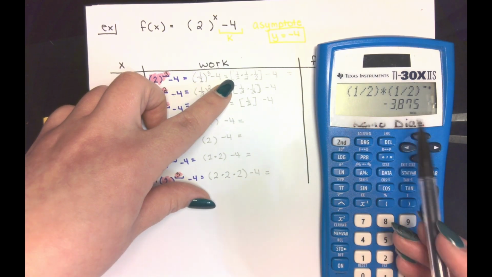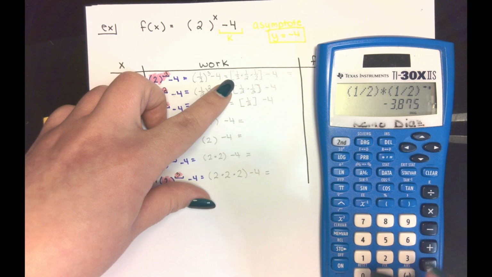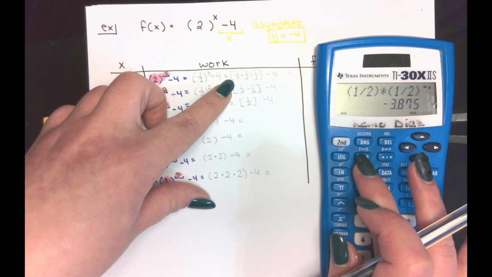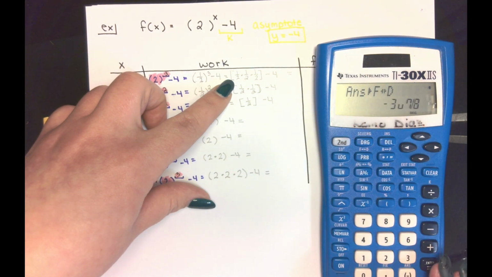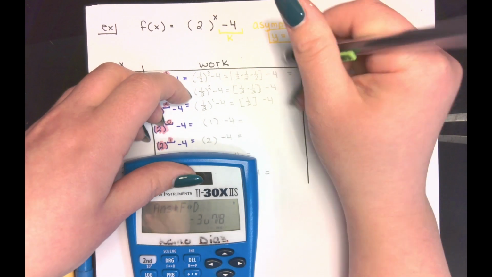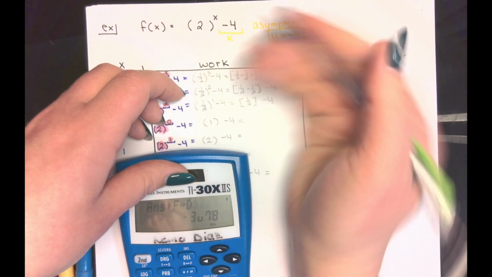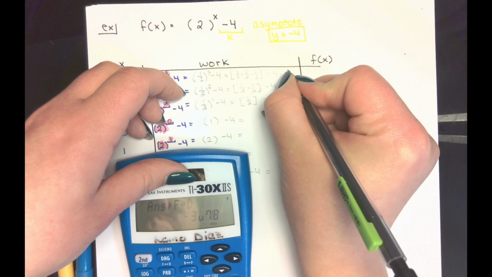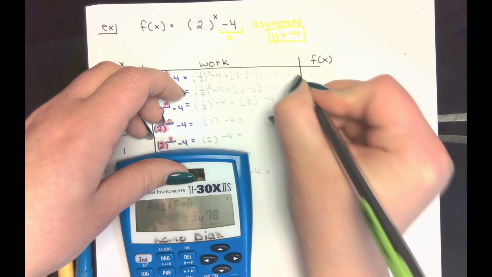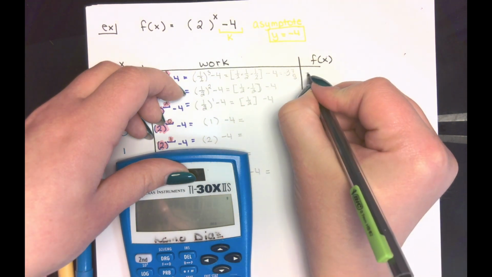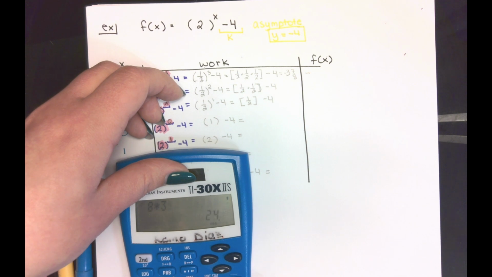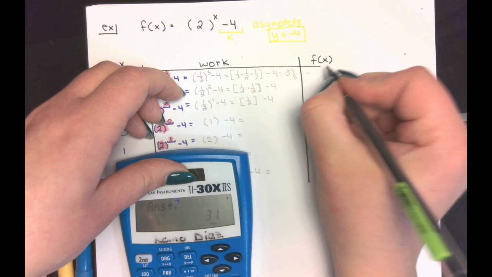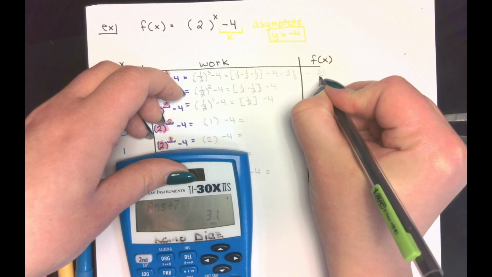Now, if you take a look here, we do have a decimal. Decimals are not allowed, so we're going to do second, PRB, and we have a mixed number. And mixed numbers are also not allowed, so we're going to have to convert. And that's okay. So equals, we got a -3 7/8. That means we're going to have -8 times 3 plus 7, which gives us a 31/8.